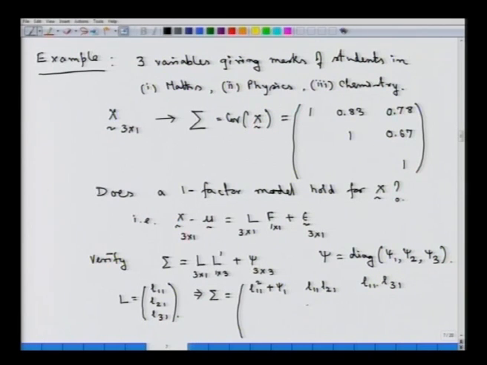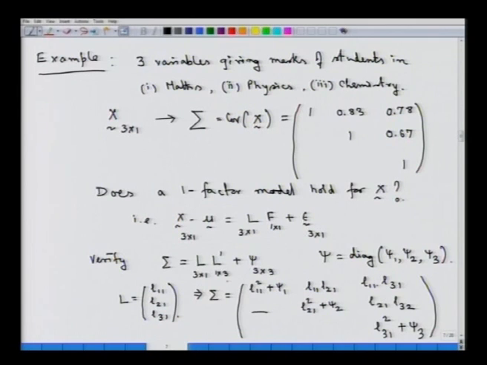The second diagonal entry is L21 square plus psi 2. This entry is L21 times L31, and the third diagonal entry is L31 square plus psi 3. Now this is a symmetric matrix, so the entries below the diagonal are just the same as the corresponding entries above.